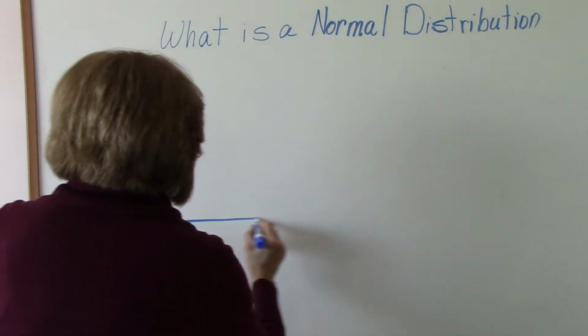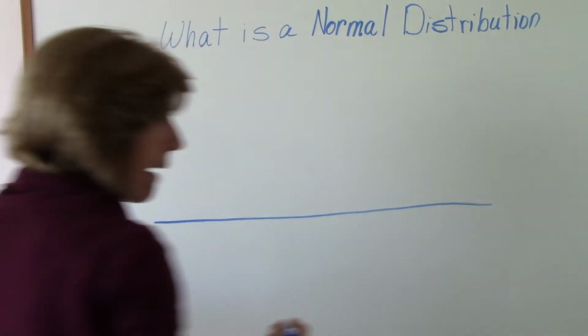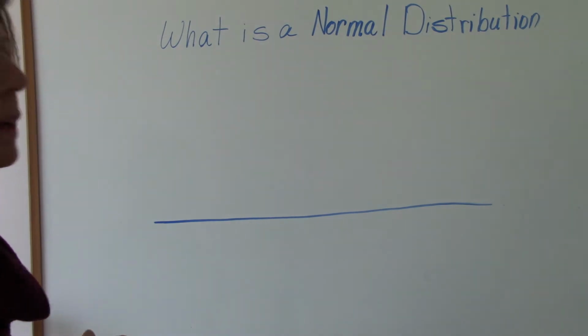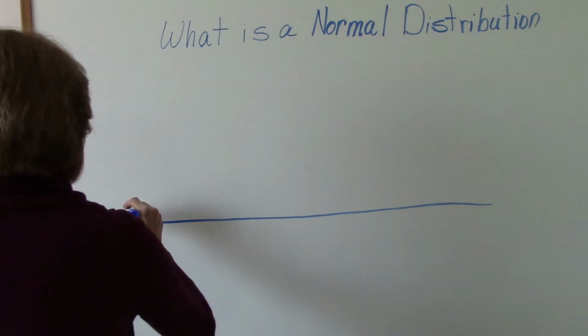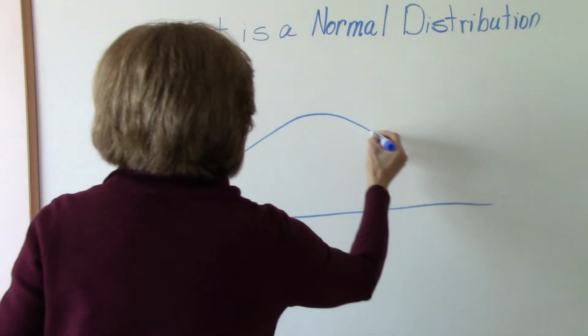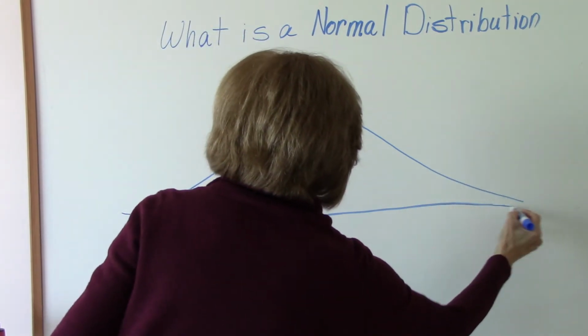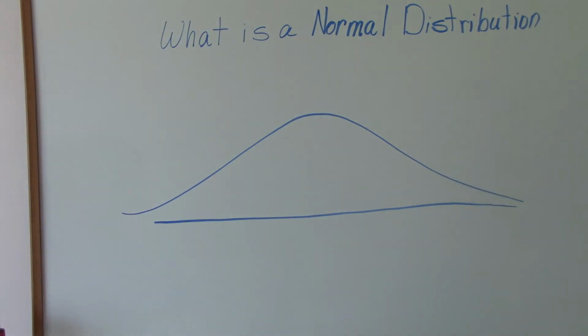I'm going to have this x-axis right here. Now we all know my inability to draw, but we're going to have a curve, a nice smooth curve that kind of looks like a hill or a mountain.